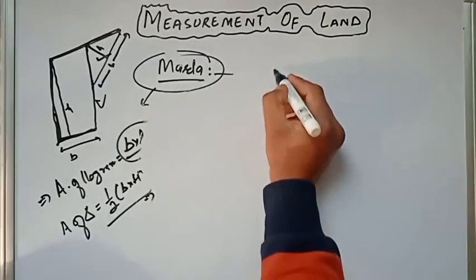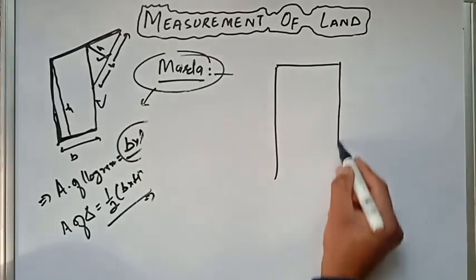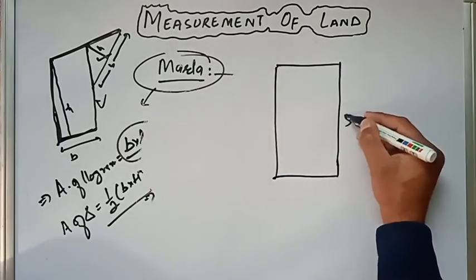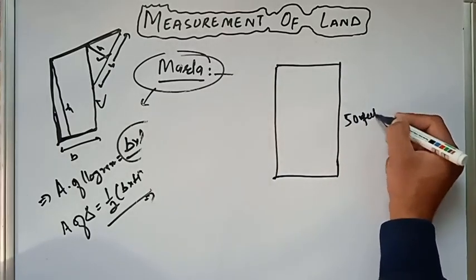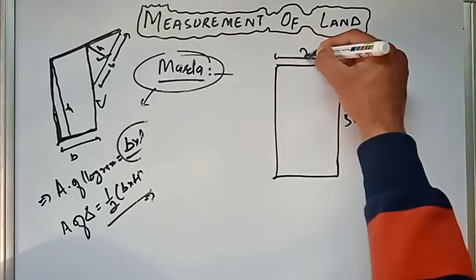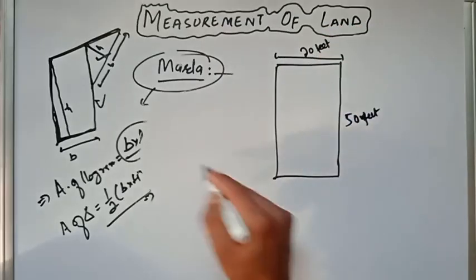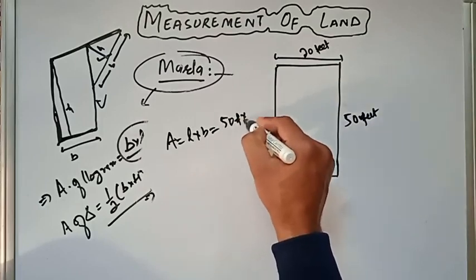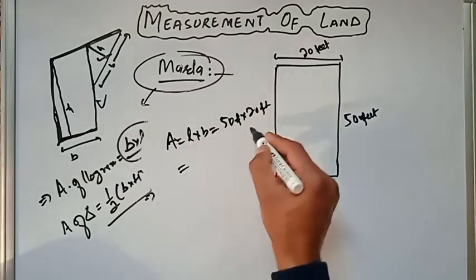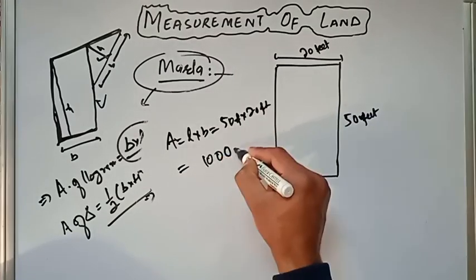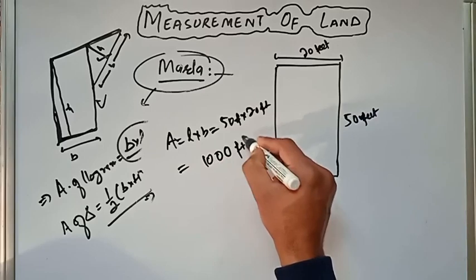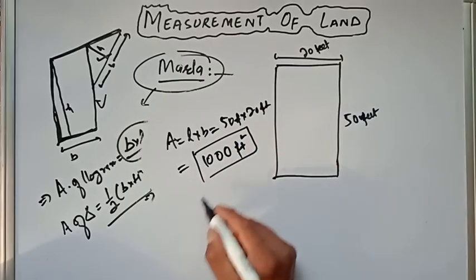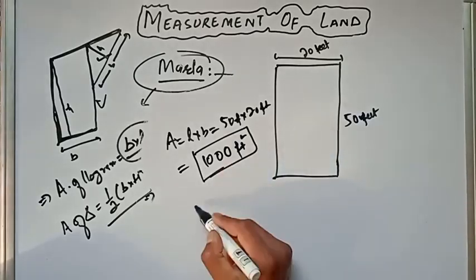Suppose I again use the formula. Suppose I have a rectangle of length 50 feet and its breadth is 20 feet. Now its area will be equal to length into breadth, which is equal to 50 feet into 20 feet, which is equal to 1000 square feet. 1000 square feet will be the area of this plot, and we need to convert these square feet into Marla.